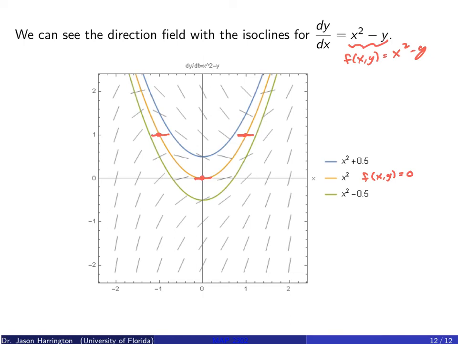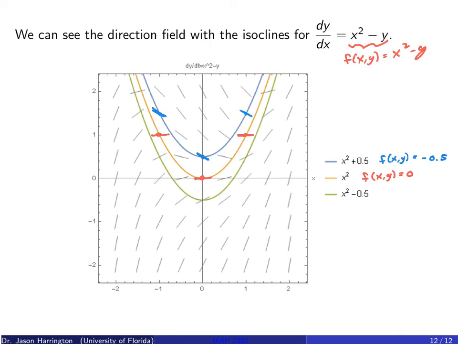Now for this guy, let's do the blue one, the next blue one here. Here I'm going to have f of x comma y is equal to negative 0.5. So for that blue, again, I look at the dot here, I see that it's decreasing by a half. And it should be a negative slope on the blue.